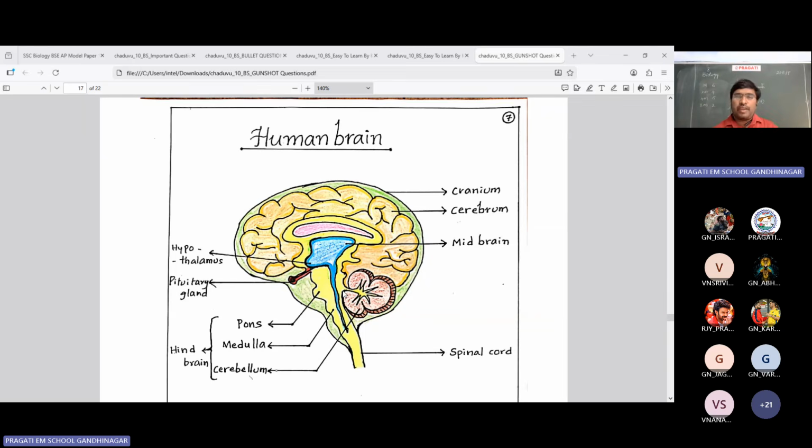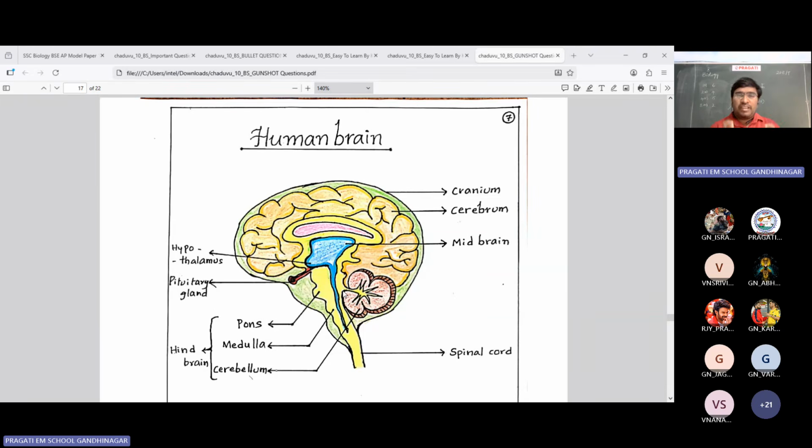Please keep it in your mind. In one question in a previous paper, they asked which part of the brain coordinates bicycle riding. This is a voluntary action, so it is controlled by the cerebrum.